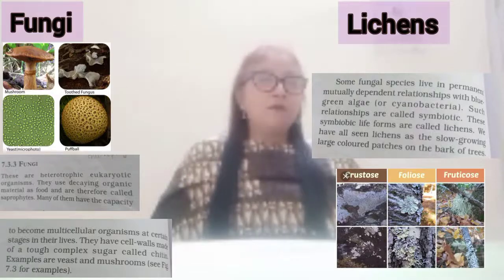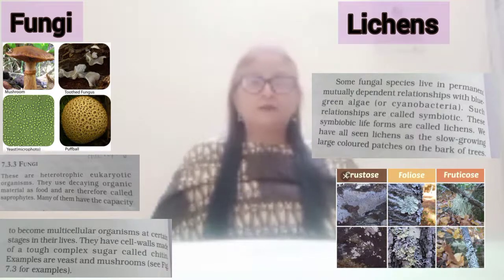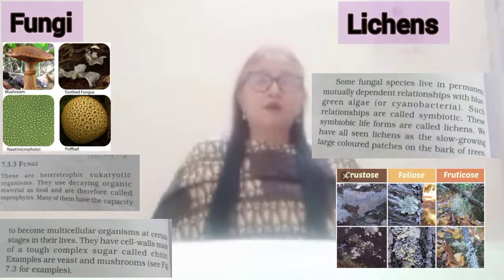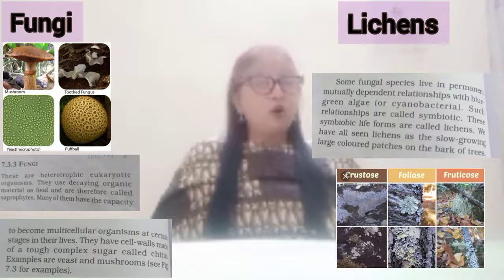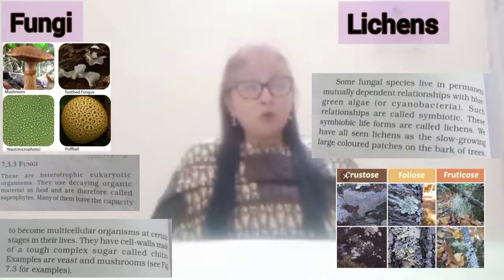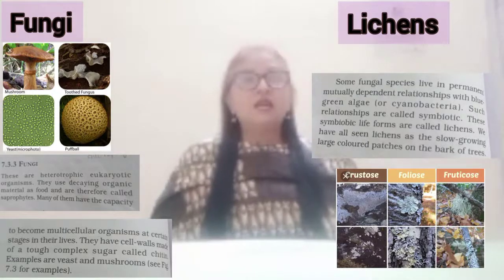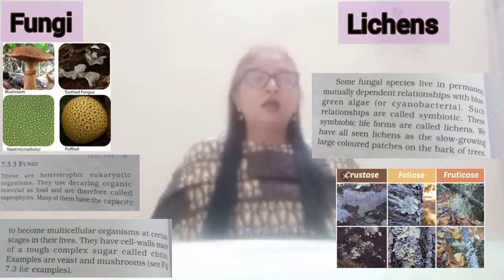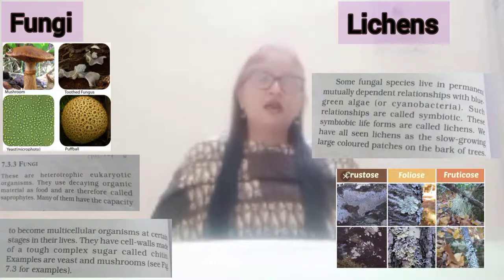Such a combination of algal and fungal cells is known as lichens, and the mode of nutrition followed by them is known as symbiotic mode of nutrition. And these organisms can be called as symbionts. Lichens are symbionts, and lichens are indicators of pollution.